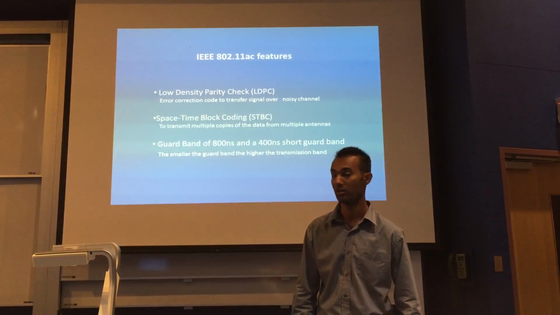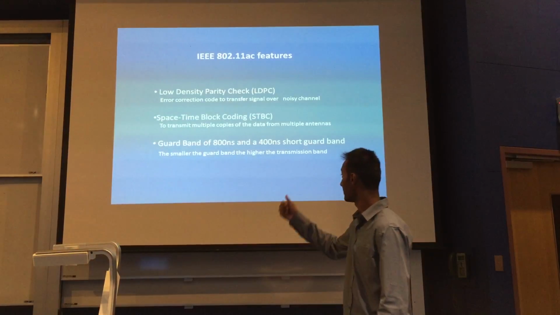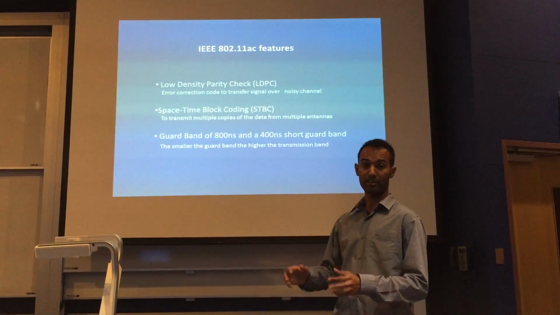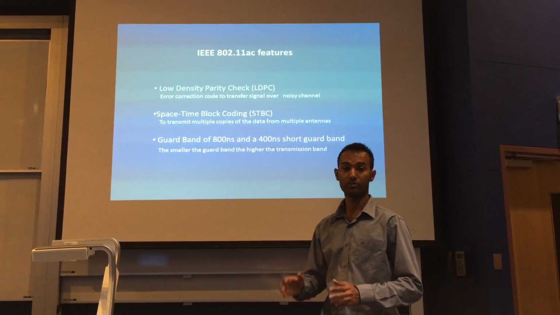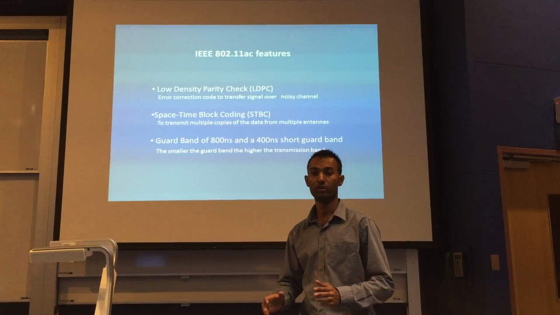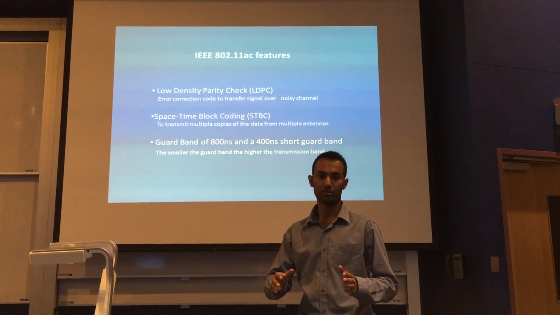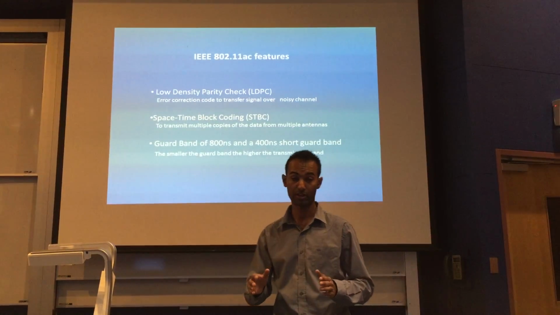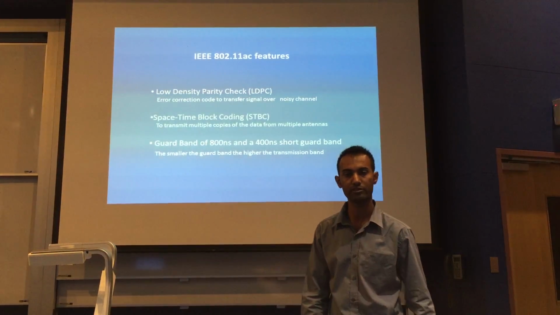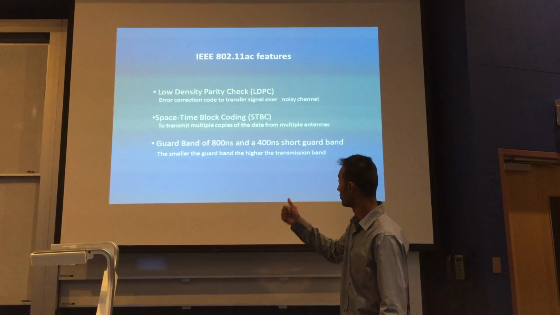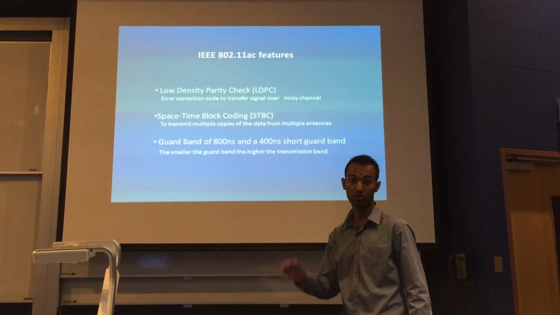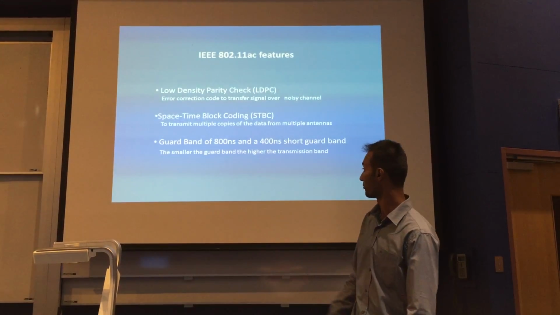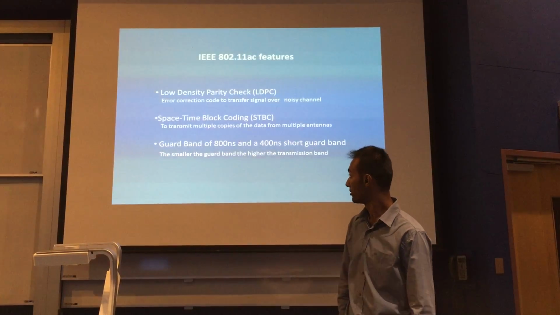Now about the features that 802.11 AC uses. Low density parity check is just an error correction method used to transmit the signal when there is noise. When there is interference in the signal, we use low density parity check in order to transmit our signal. Then what is space-time block coding?